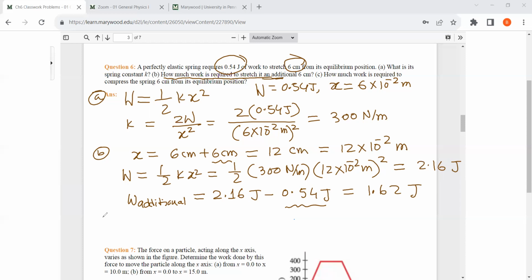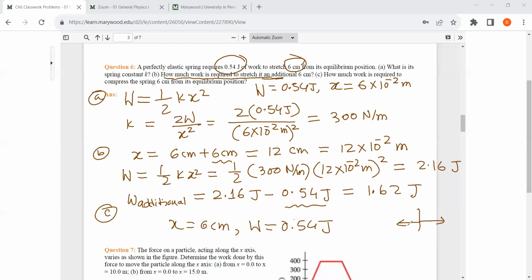Number C tells us: how much work is required to compress the spring 6 centimeter from its equilibrium position? It's easy to calculate, because we already know that when x equals 6 centimeter, the work done we required is 0.54 joule. It doesn't matter whether you are stretching or compressing.